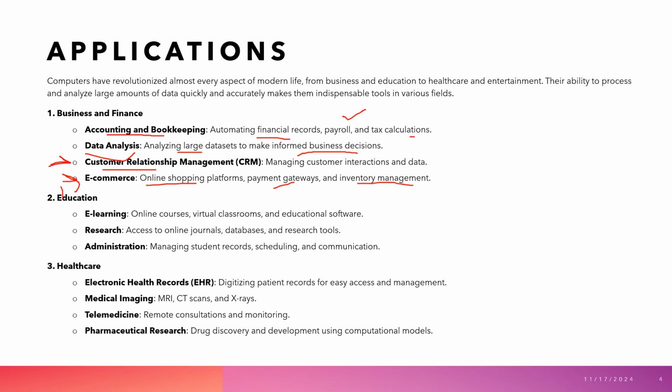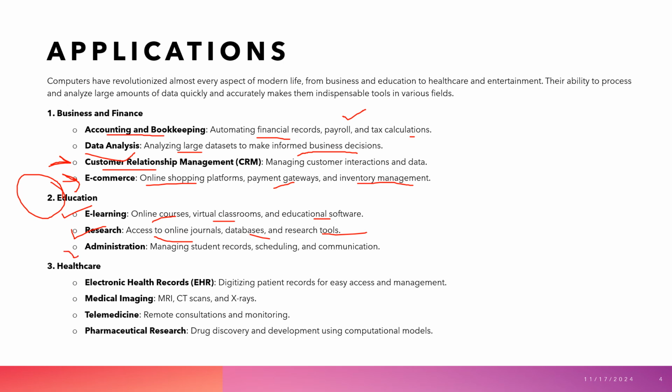The second is education. E-learning is a major domain in education, which includes online courses, virtual classrooms and educational software. So even when you're learning right now, it's also a part of e-learning. The next is research, which means access to online journals, databases and research tools, which earlier was not possible.